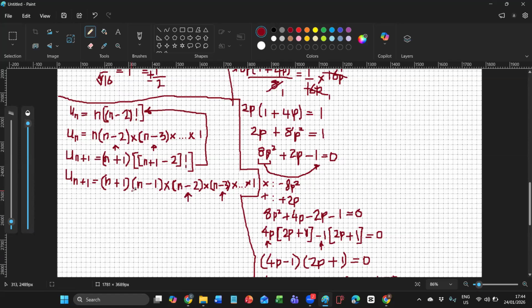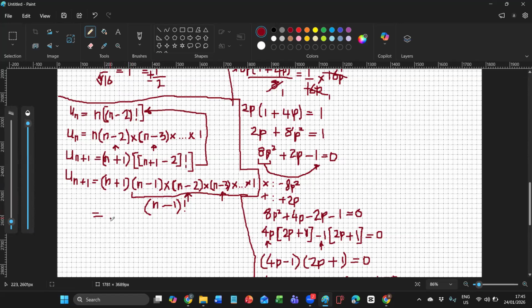All this from here downward is n minus 1 factorial, right? Do you agree with that? Yes. Okay. So let's still keep working on this. Take n minus 1 factorial and multiply what you have there, n plus 1, because n plus 1 is multiplying all that.